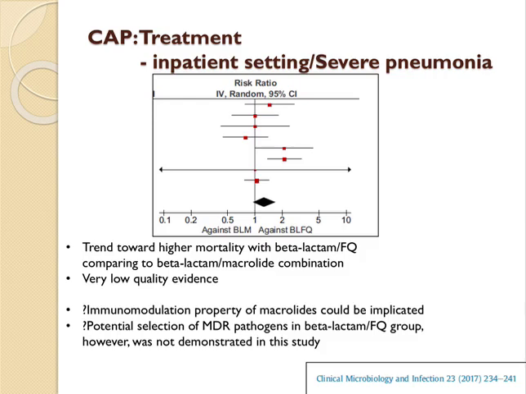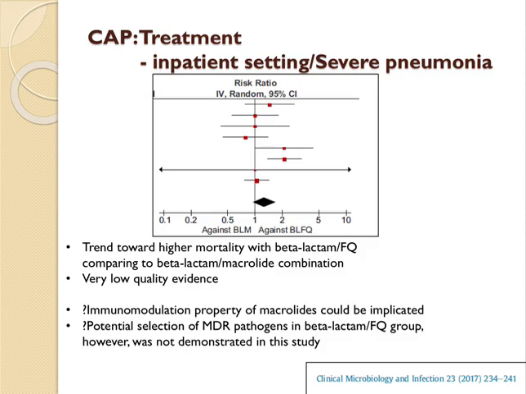Questions came up how we can explain the macrolide effects and why it appears that they influence mortality in a good way. I think we do not know the answer exactly, but likely that macrolides possess some immunomodulation properties, and by doing that, they might contribute to better patient outcomes.